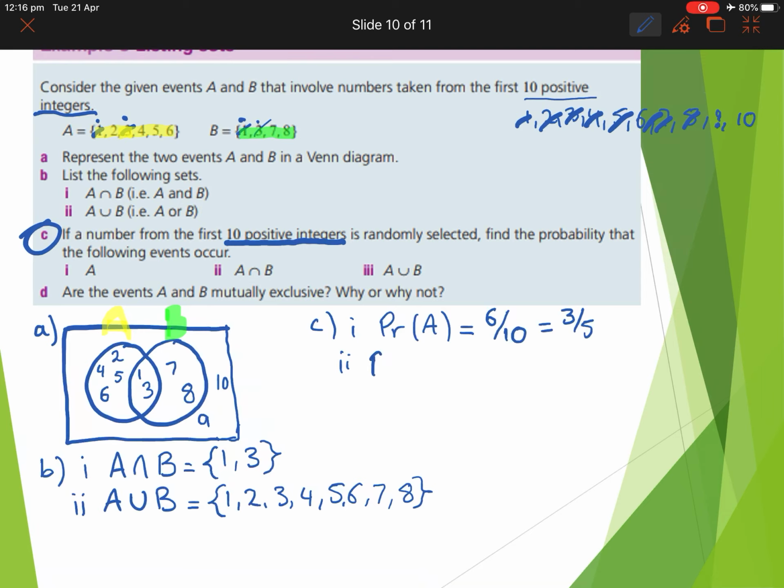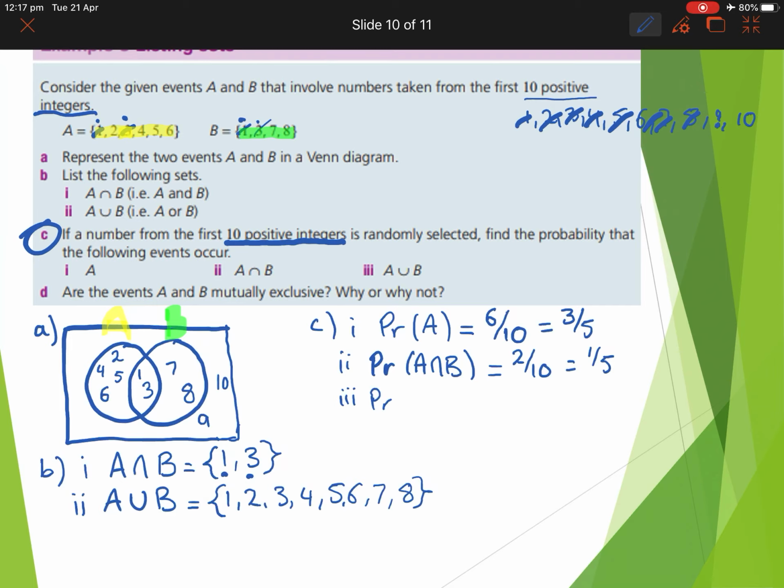Next one, we're trying to find the probability of A and B, or A intersection B. We've already found that down in B, and there are 2 numbers here. So there are 2 numbers that they have in common out of the 10, which is 1 over 5. So the probability that we get one of the numbers that A and B have in common is 1/5.